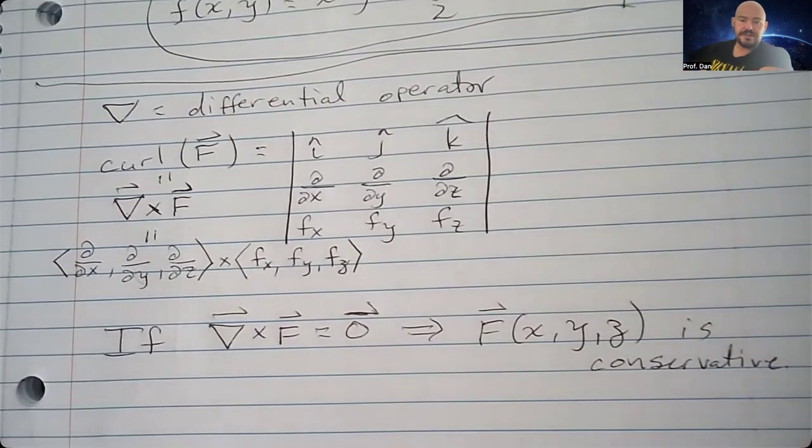So if your curl is the 0 vector, then the vector field F is conservative.